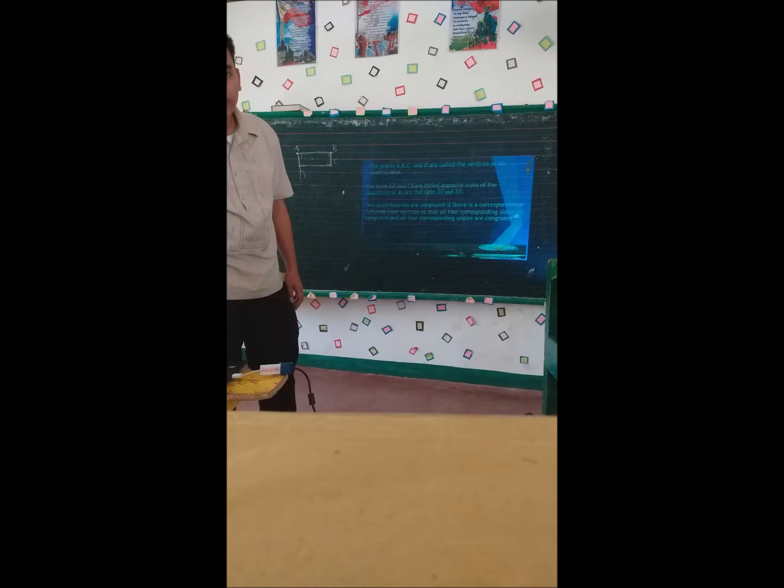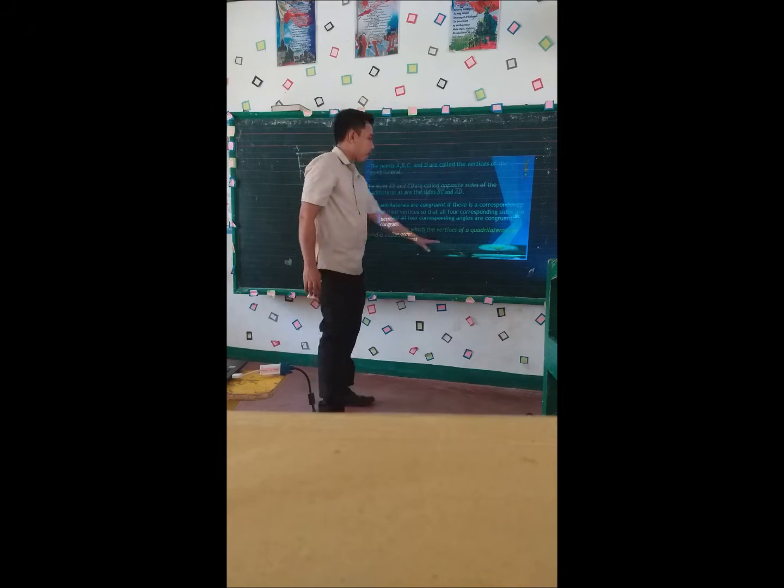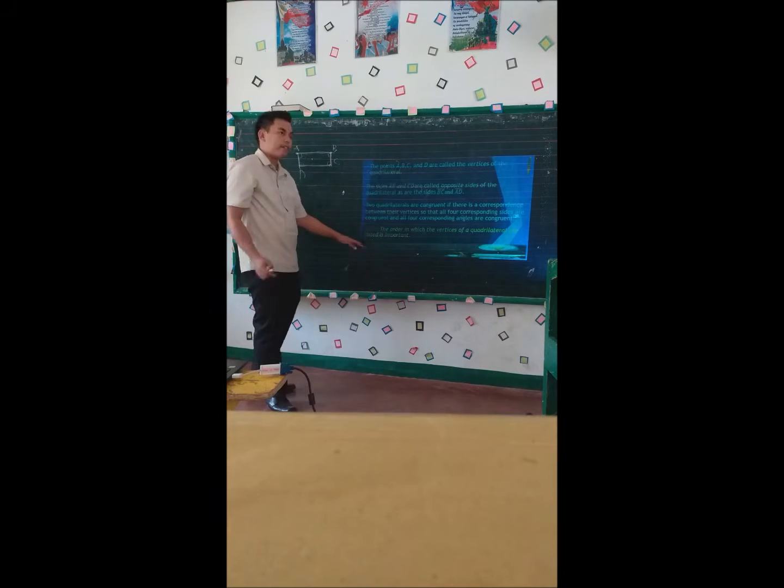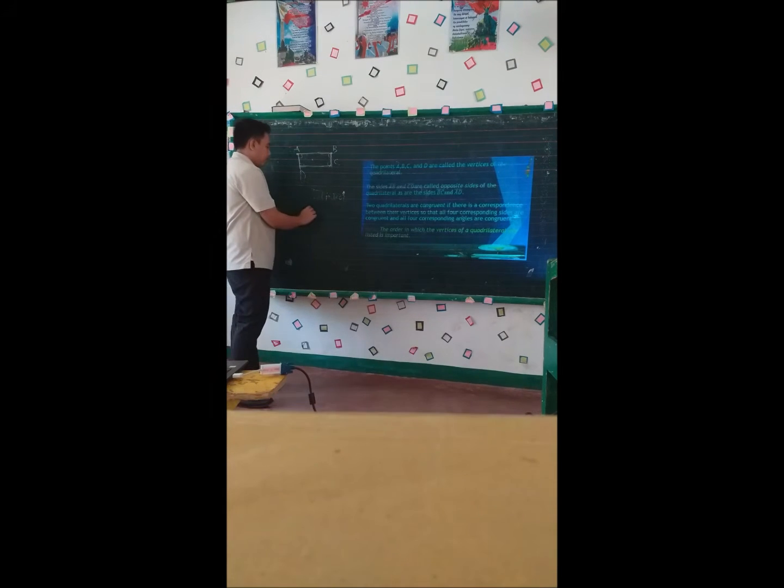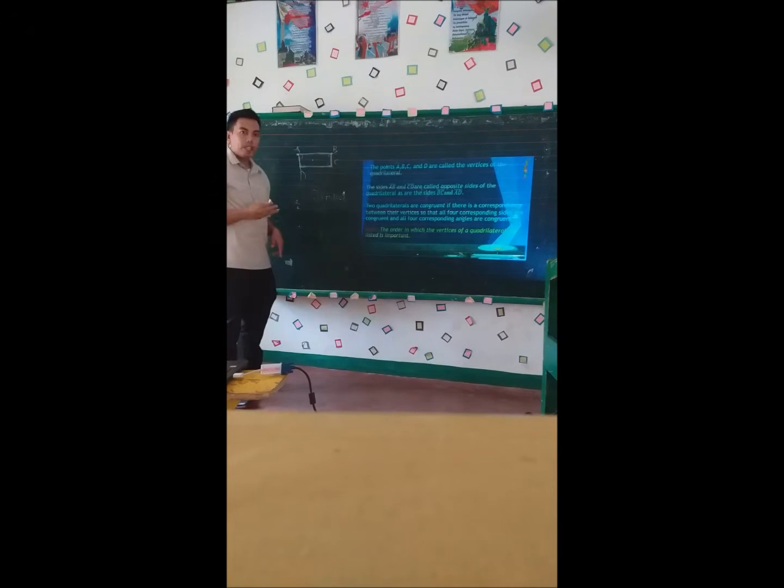Note that in naming the quadrilateral, the order in which the vertices are listed is important. For example, if you list A, B, C, D, it is different when you draw it like this: point A, point B, here's point C, and here's point D. When we connect all these points, you can form a quadrilateral.